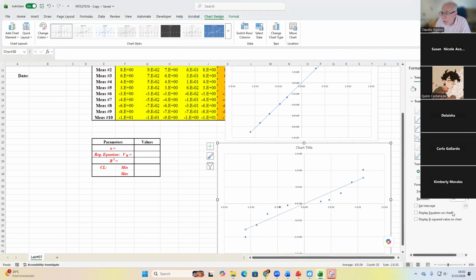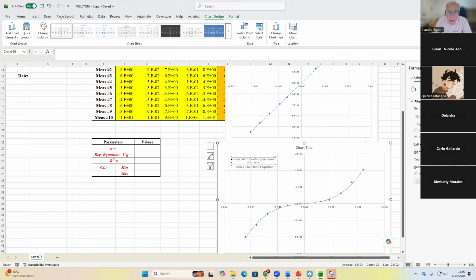But now it's not going to be linear, it's going to be a polynomial fit of order 3. Excel allows you to fit the equation for different functions. For this specific case, it's a polynomial of order 3, and display equation on chart, display R-square value on chart. Here you go.